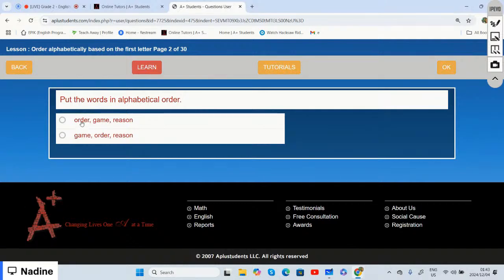So is it option one, order, game, reason, or option two, game, order, reason?